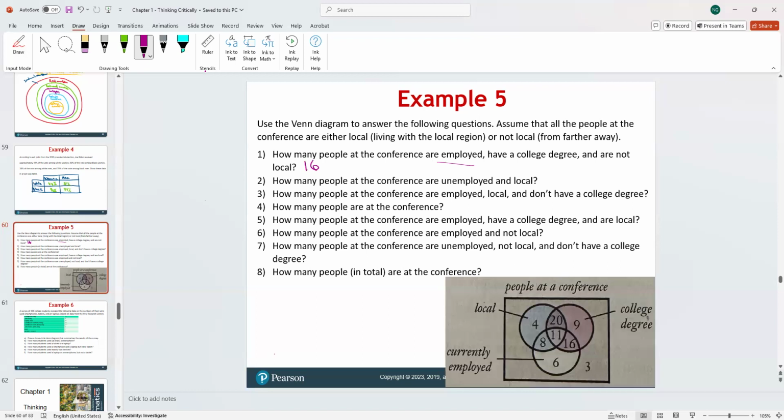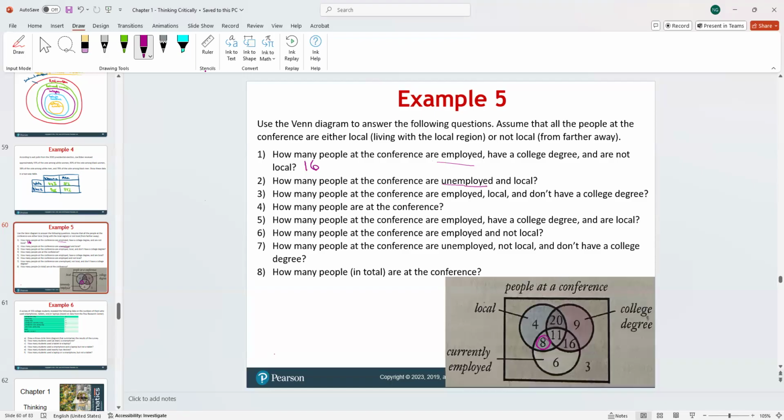The second question is number two. How many people at the conference are unemployed and local? If they had said employed, we would take this 8. But now they said unemployed, so we cannot take that.